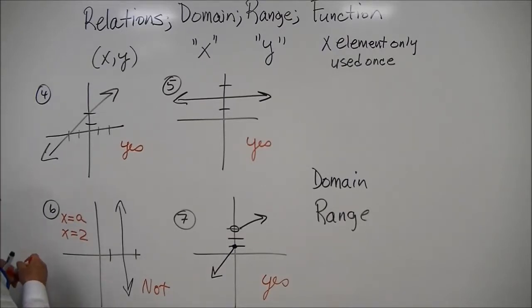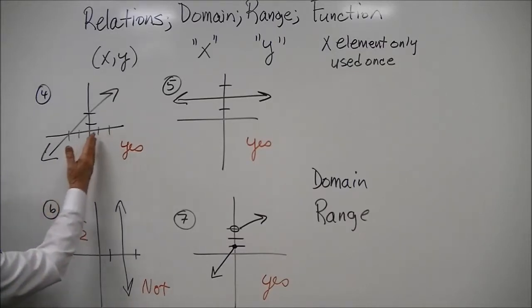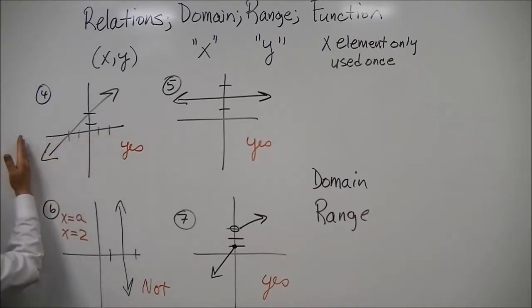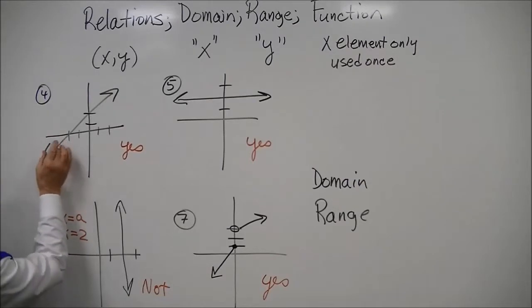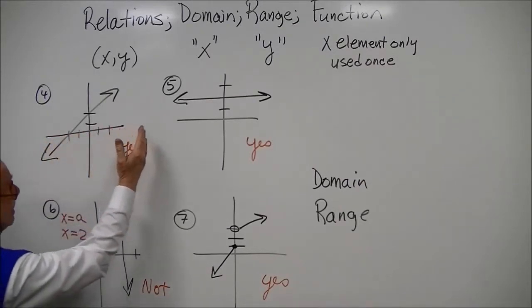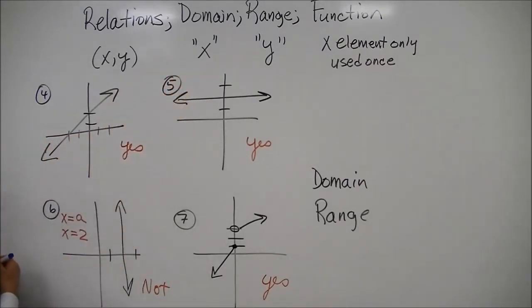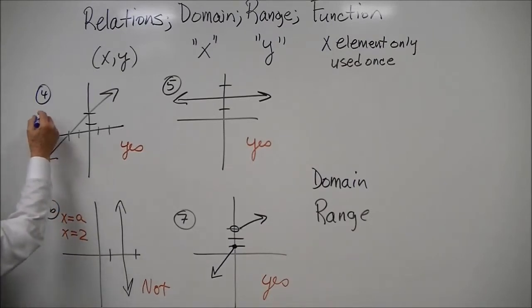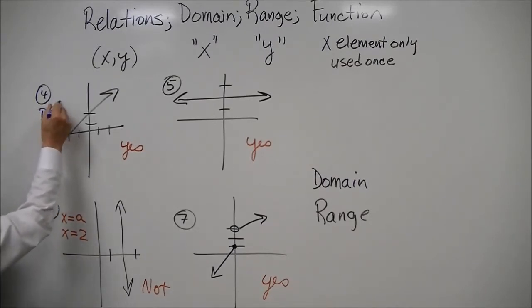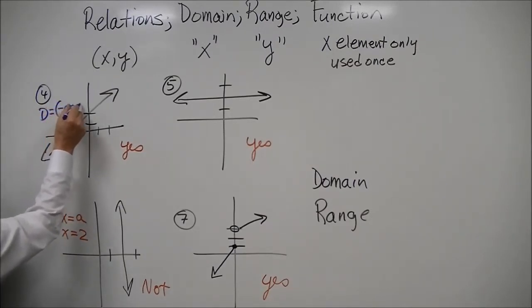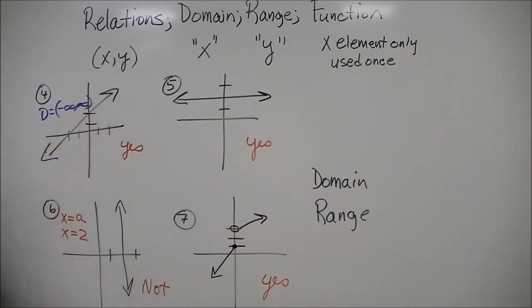Well, our domain for this, since this goes starting at negative infinity, going this way for our x values, all the way to positive infinity, the domain of this is from negative infinity to positive infinity.